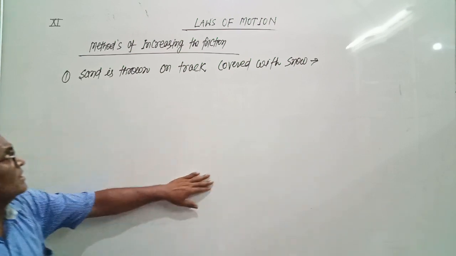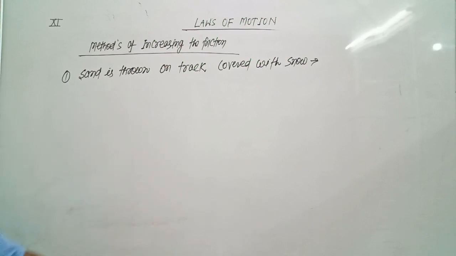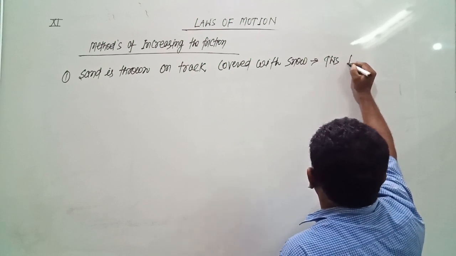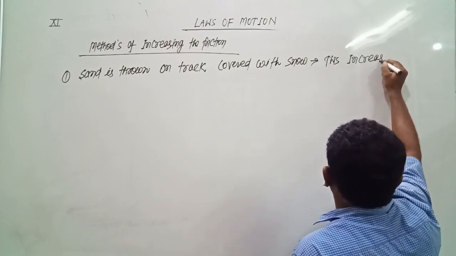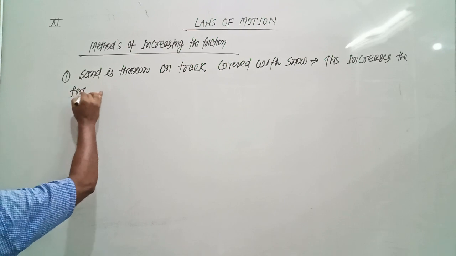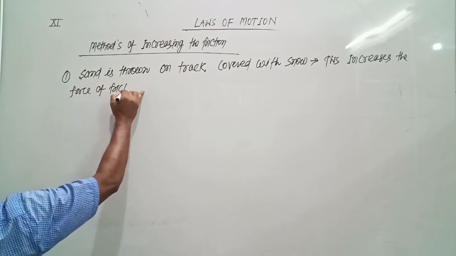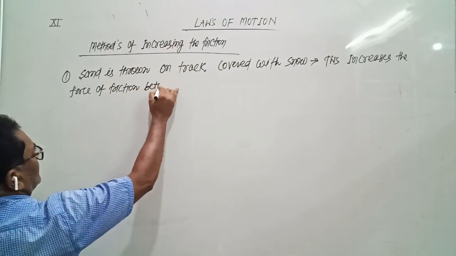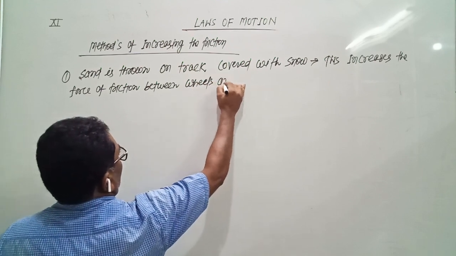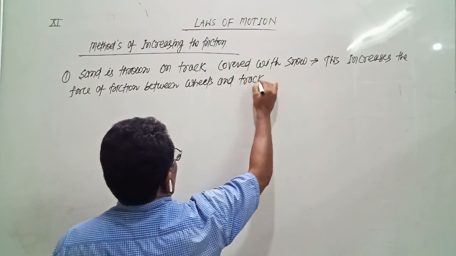Therefore, to increase the friction, we throw sand on the track, and this increases the force of friction between wheels and track.